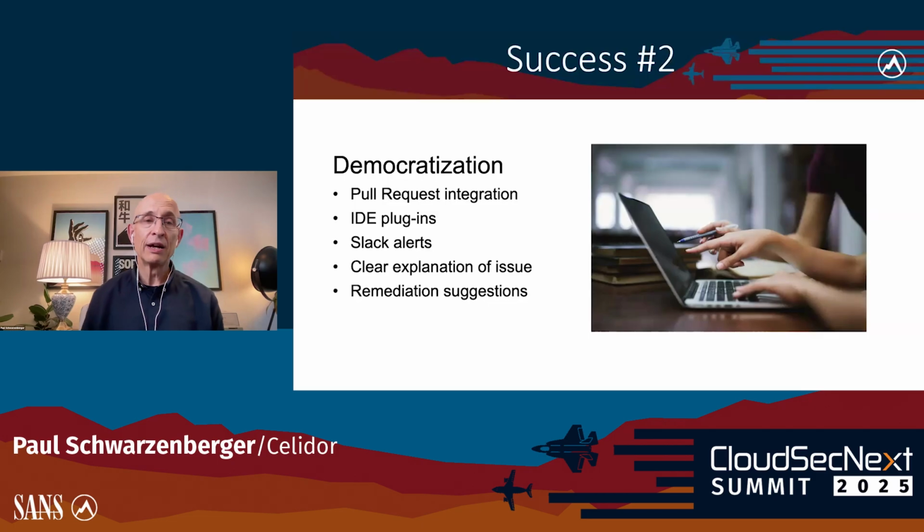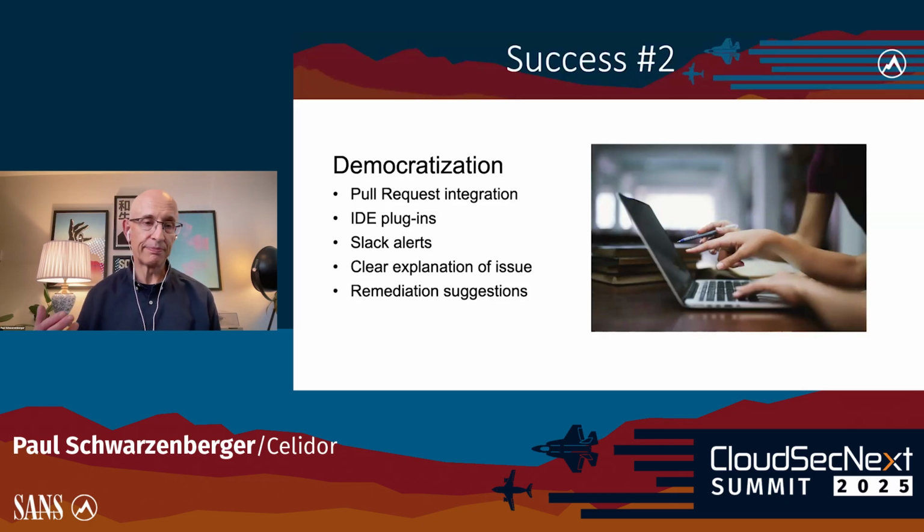And to do that, it's necessary to provide the information using the tools that they use on a day-to-day basis and in a way that they can understand and be properly prioritized. So, for example, if it's a developer team or an engineering team using infrastructure as code, then pull request integration is great.